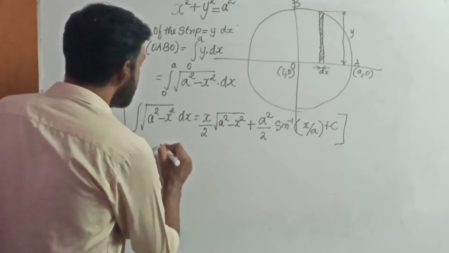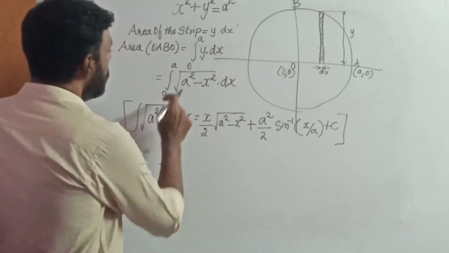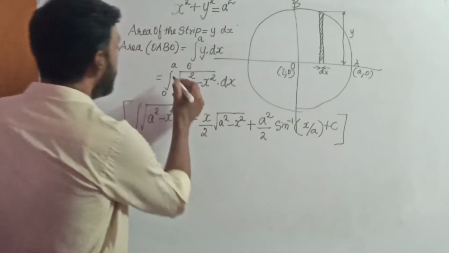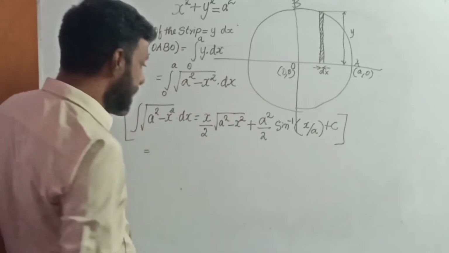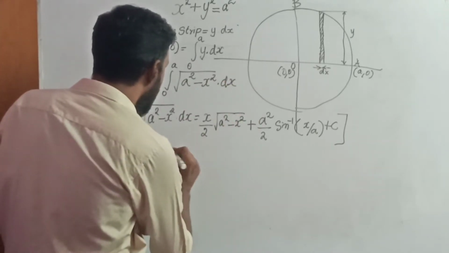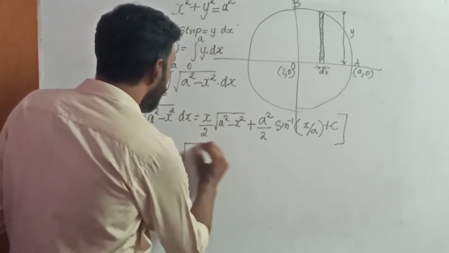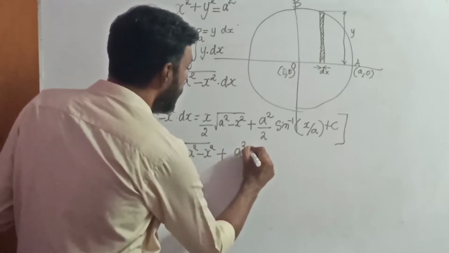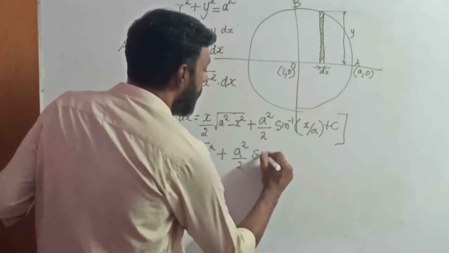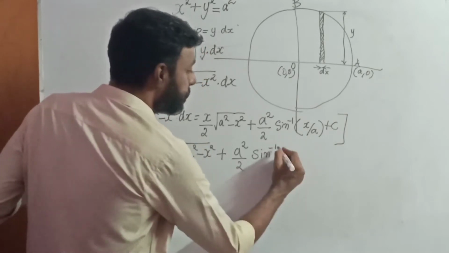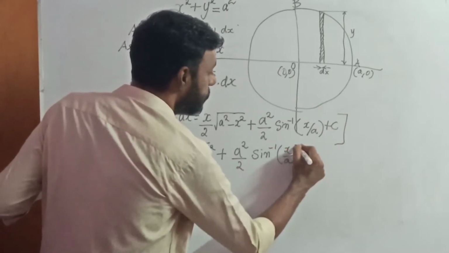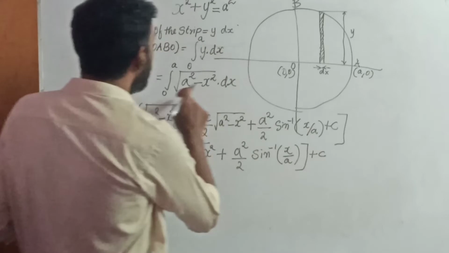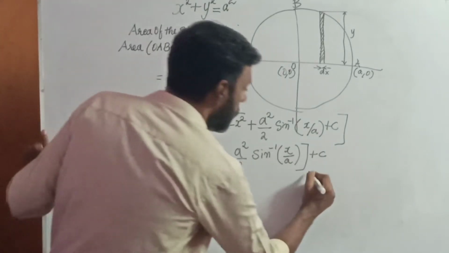So the integral from 0 to a of root of a squared minus x squared into dx will be x by 2 into root of a squared minus x squared plus a squared divided by 2 sine inverse of x by a plus c, and I am fixing the limits from 0 to a.